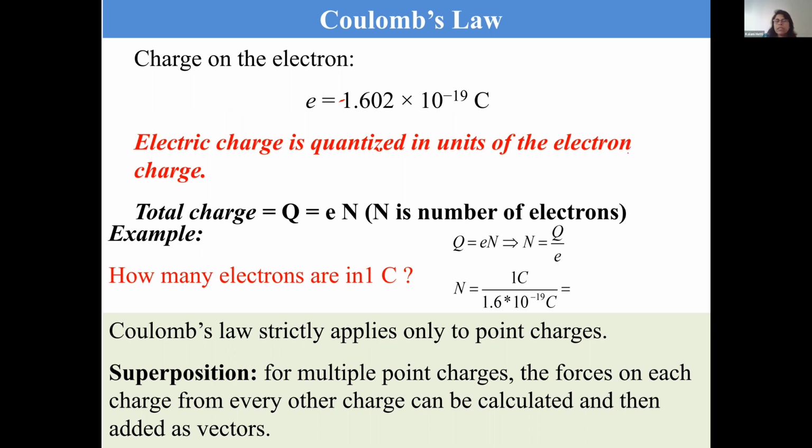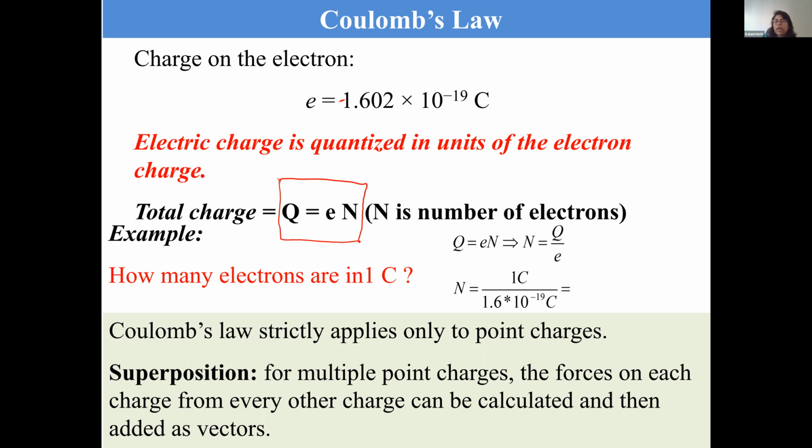That means the charge of any object can be written as the charge of the electron times n, how many electrons I have. But that n should be a number of electrons on that material.